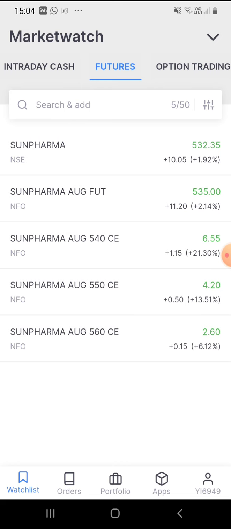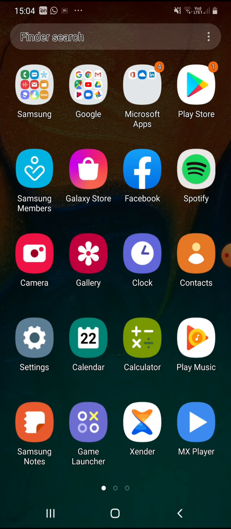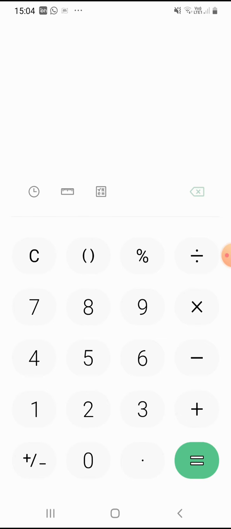It can move at least to 9. So if it moved from 535 to 542, and this 6.55 moved to 9, then 9 minus 6.55 is 2.45. What is the number of shares per lot? 1400.